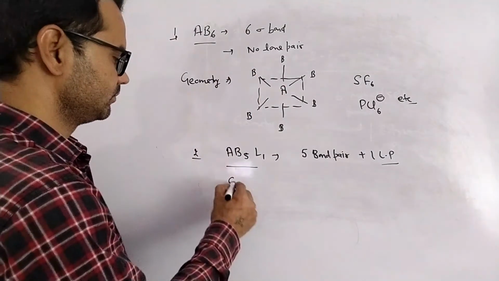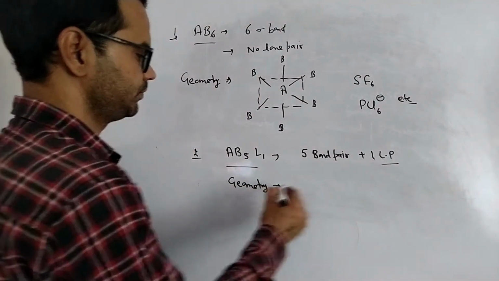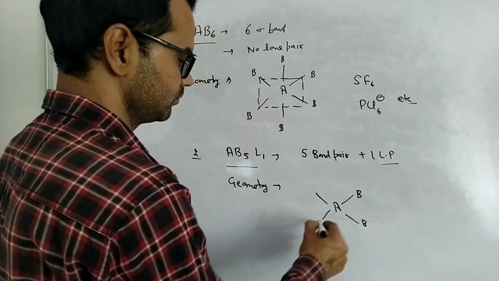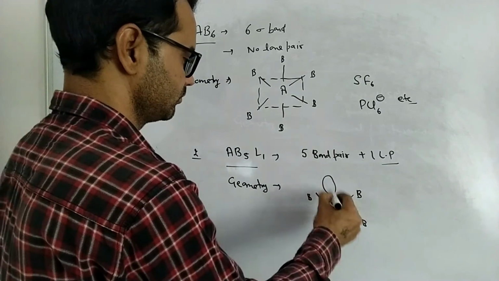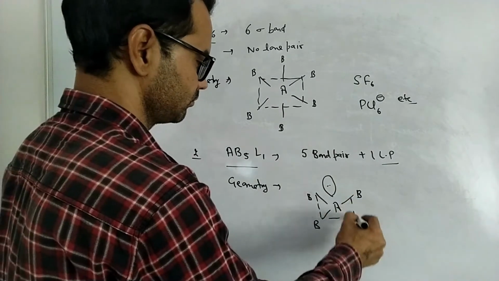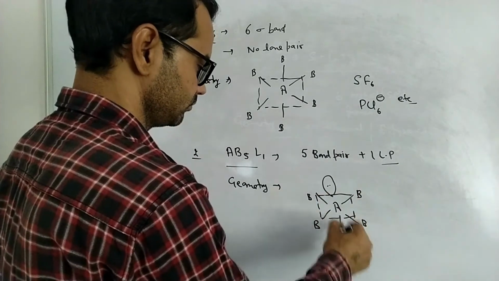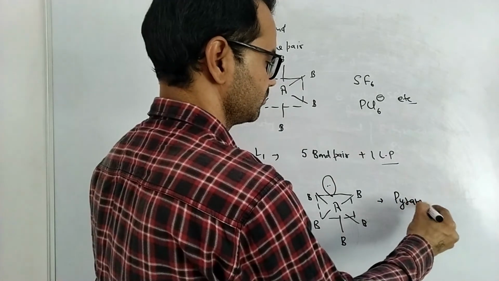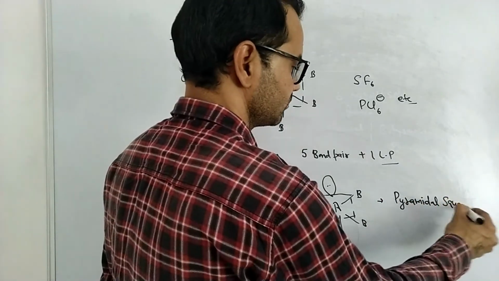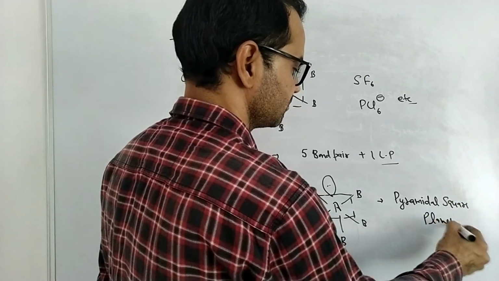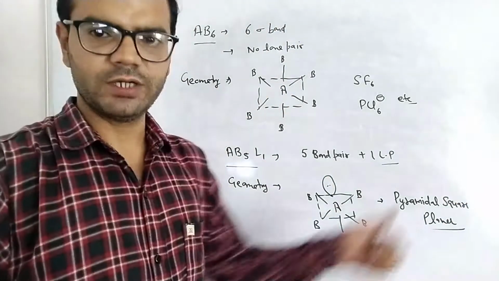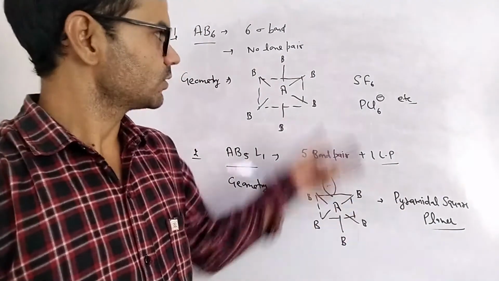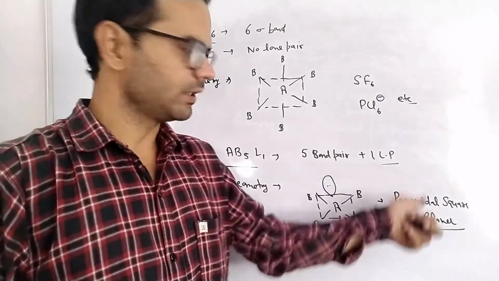So geometry will be pyramidal square planar. At one pyramid we have arranged the lone pair, so geometry changes from bipyramidal square planar to pyramidal square planar.